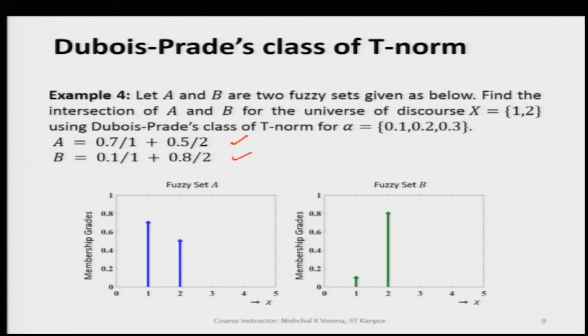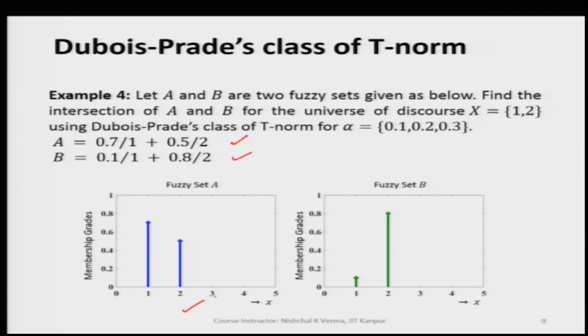We are interested in finding out the intersection of these two fuzzy sets for different values of alpha, and these values of alpha are 0.1, 0.2, 0.3, and the intersection is found through the Dubois-Prade class of T norm.